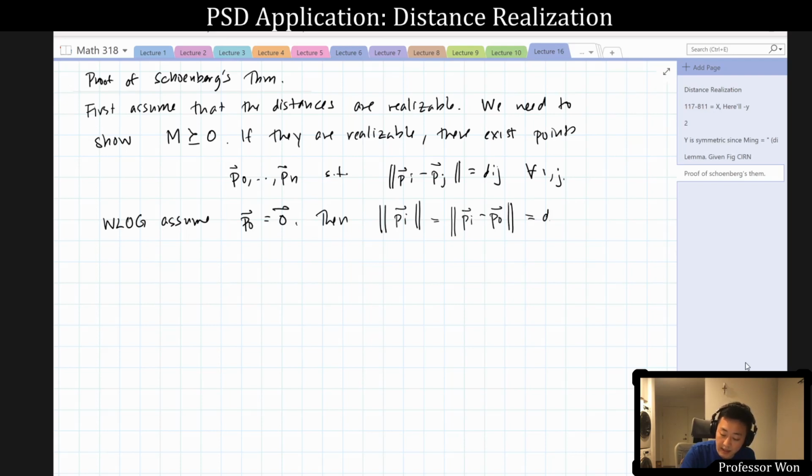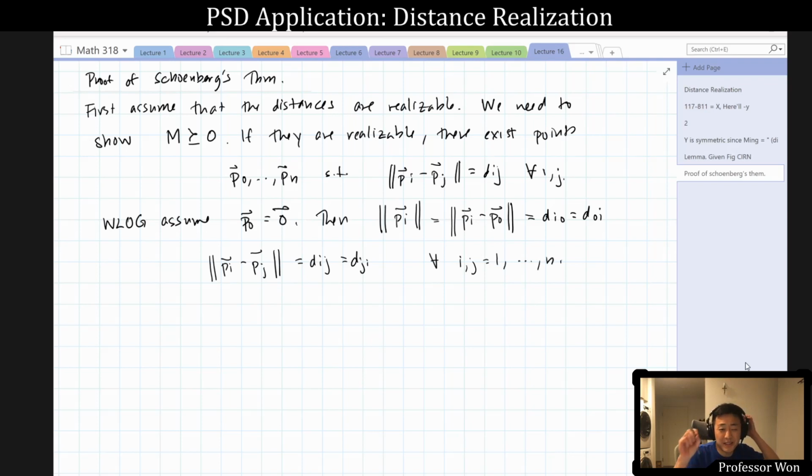So this thing is di0, which is d0i. So each of the pi's has length di0 because I'm assuming that p0 is a 0 vector. And also, if I look at pi minus pj, this was supposed to be the distance from i to j, which is the distance from j to i. And this is for all i and j between 1 and n.